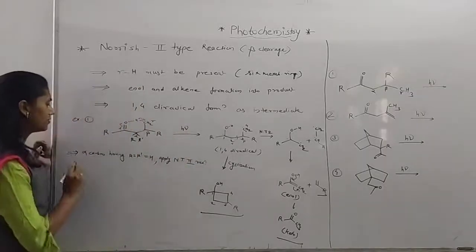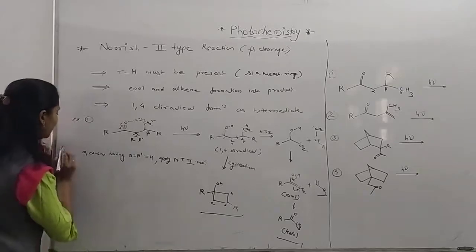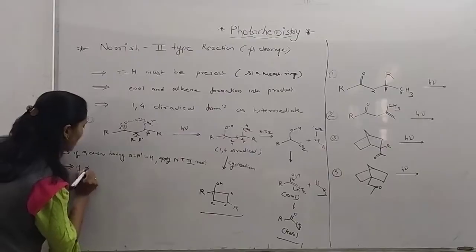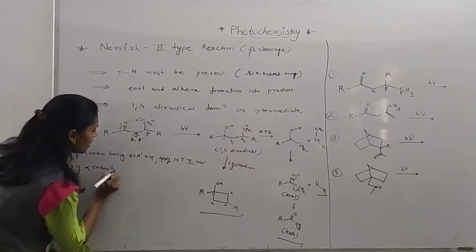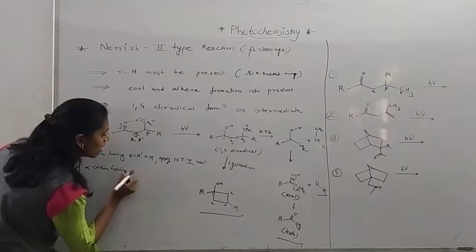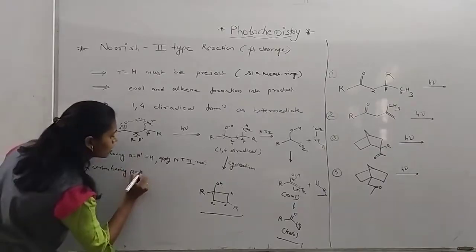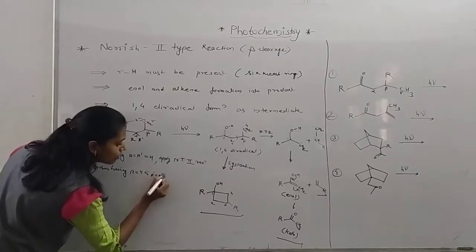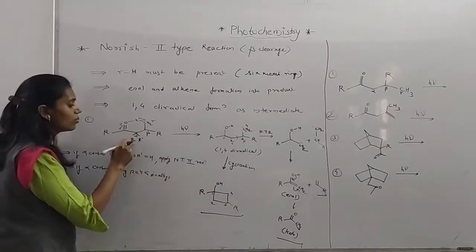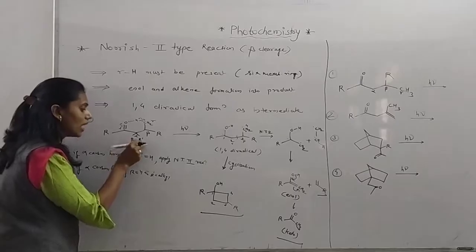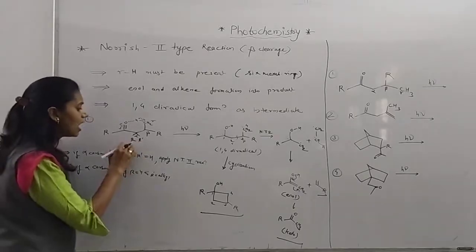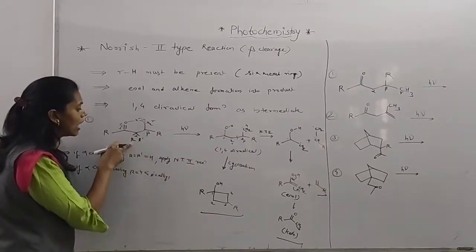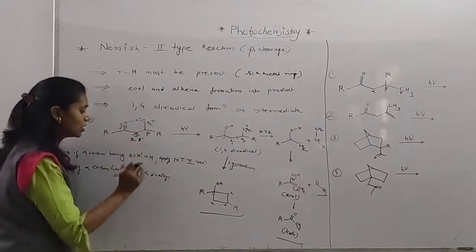Again, the second rule: if the alpha carbon having R equals to H and R dash equals to alkyl group, that means R equals H or R dash equals H, or R equals alkyl or R dash equals alkyl.